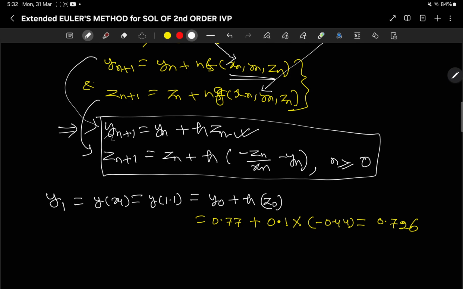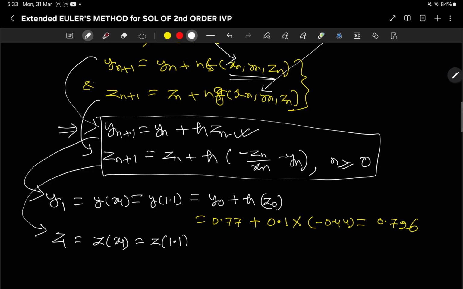Now we compute z1. So from this I compute z1. So z1 means z of x1, means z of 1.1, and it will be given by the formula.